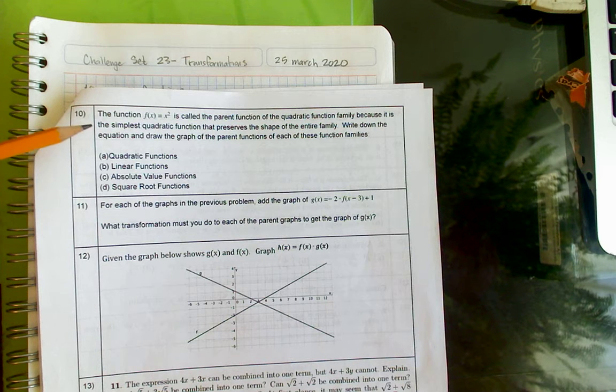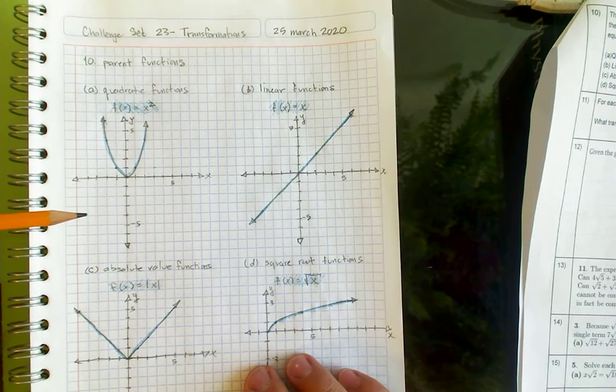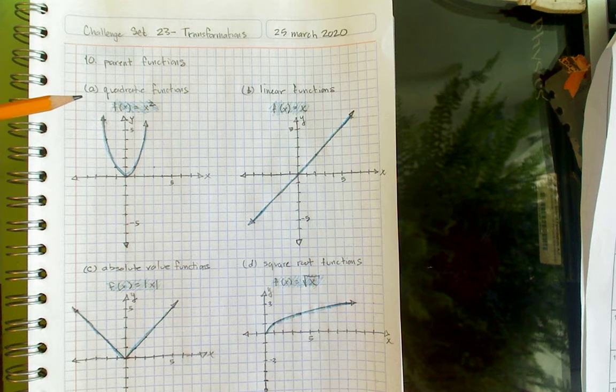So we really have to make sure we have a nice solid question number 10 in order to get number 11. In question 10, we were asked to basically come up with a parent function for each of these function families, and I've done that here in blue. So letter A is quadratic functions, and we've just got the function f of x equal to x squared.